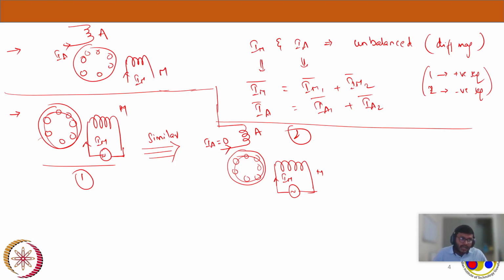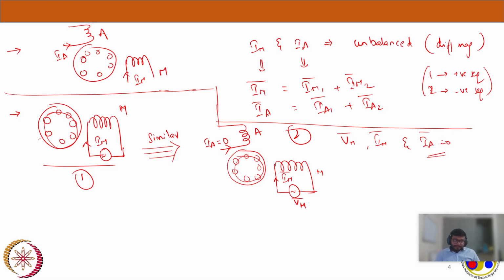Now, when we excite the winding M, it will definitely carry IM. I'm exciting with, let's say, VM, and it is making the current IM flow. And similarly, I have VM, I have IM, and IA is equal to 0. So this is the condition I have.